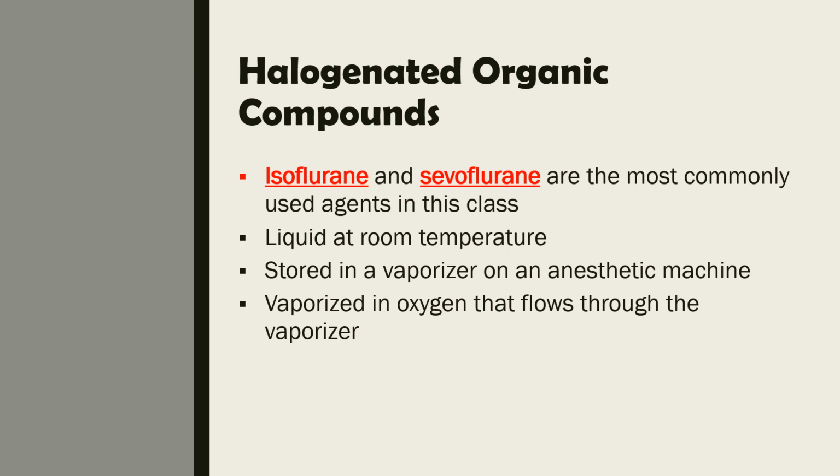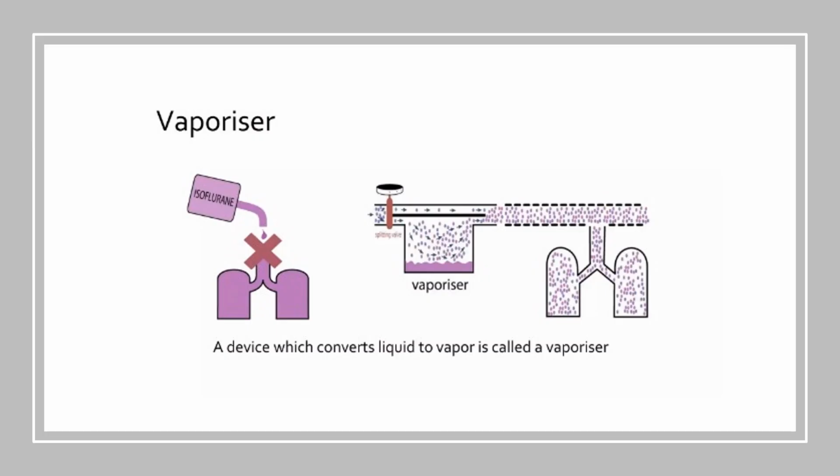Again, the vaporizer is a part of your anesthetic machine. It is also known as the anesthetic agent delivery system or the vapor delivery system. This is a device that will convert the liquid to vapor.